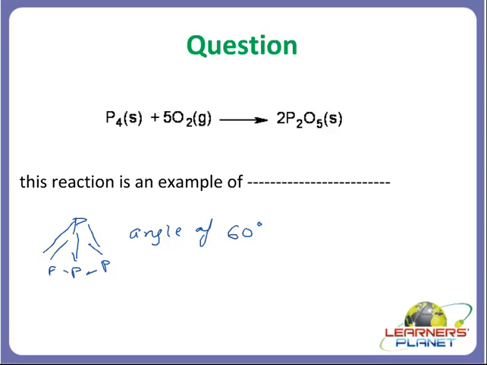Okay students, so this is not a regular tetrahedron angle. Fine, so that is why this P4 is highly unstable. So in this way the 4 phosphorus atoms are attached.